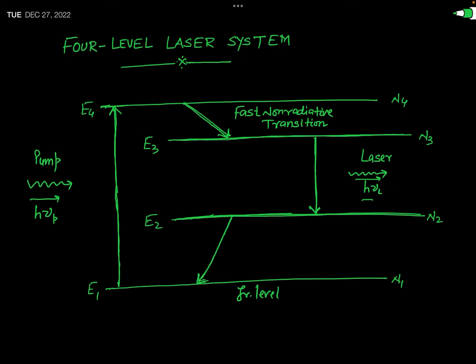When these atoms reach the ground level, again they are pumped to energy level 4. Now you can see, if the relaxation rate of atoms from level 2 to level 1 is faster than the rate of arrival of atoms to level 2, then one can obtain population inversion between level 3 and level 2.